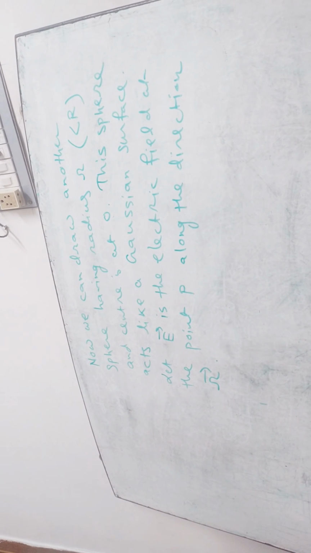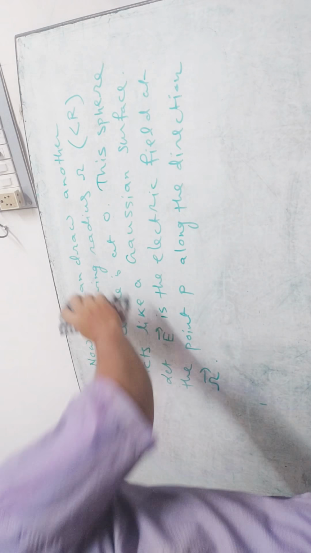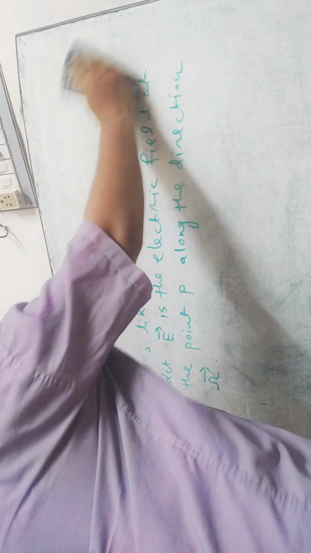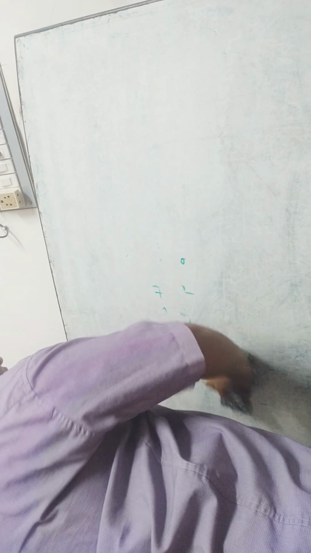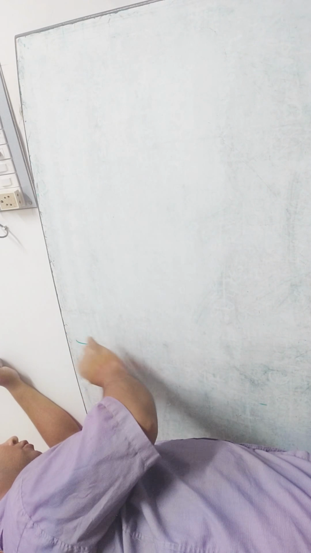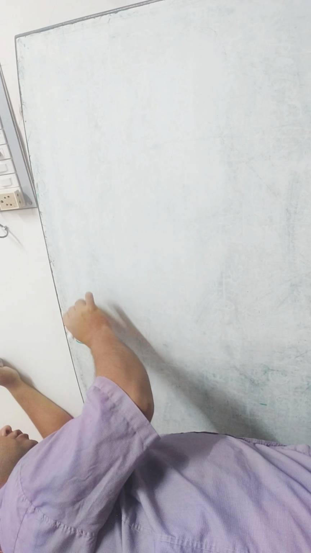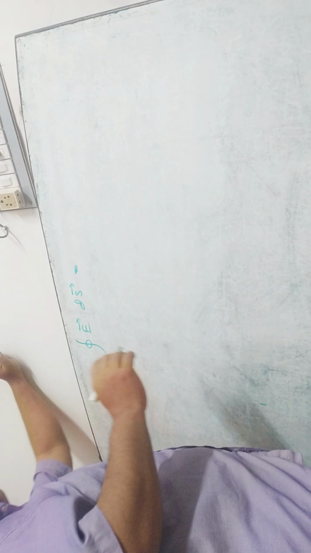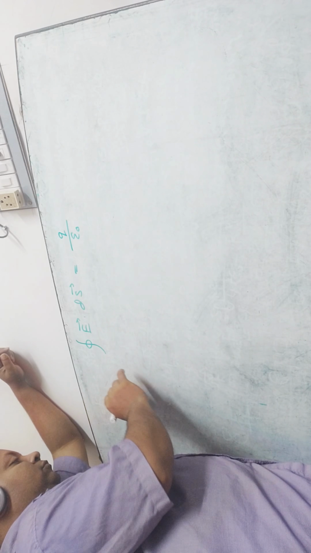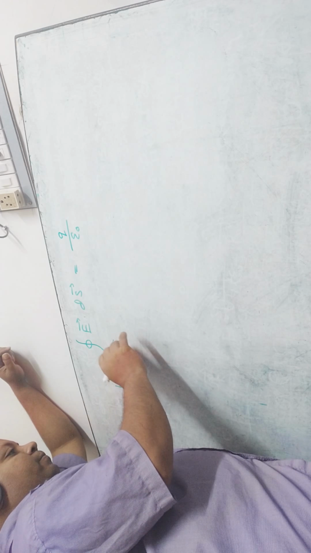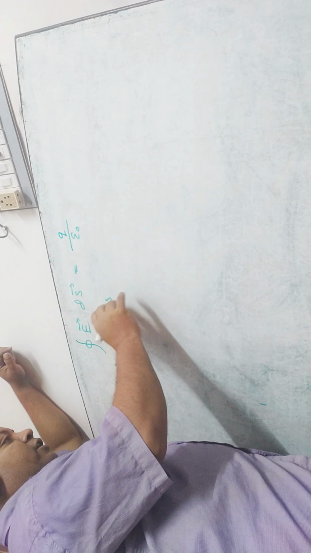Now we can apply the Gauss theorem to this Gaussian surface, and we can write closed integration of E dot ds, where ds is the area vector, is equal to q by epsilon 0. Here E vector is parallel to area vector ds.